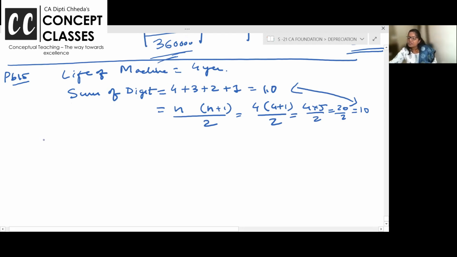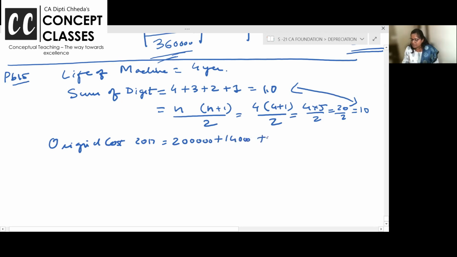Starting from which year we will calculate the depreciation? First, let us calculate the original cost. Original cost in 2017 is 2 lakh plus 14,000 plus 2,000 freight and all plus installation.